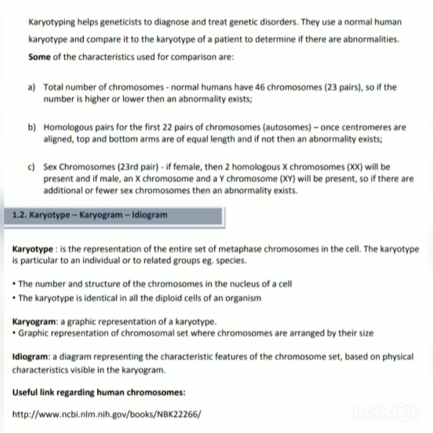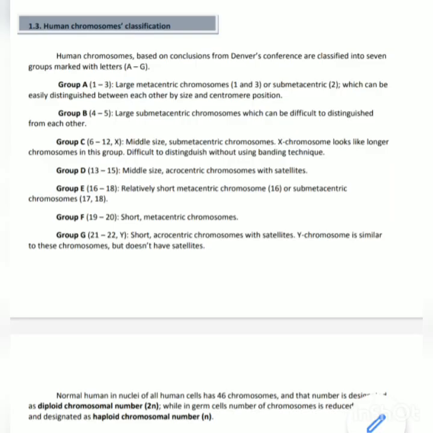Karyogram is a graphic representation of a karyotype, arranged by their sizes. Ideogram is a diagram that we draw to represent the characteristic features of a chromosome. That means it is based on physical characteristics, that is, it will show the banding pattern. Next is the figure, which will make the three terms clear: see the karyotype, the karyogram and the ideogram. The banding pattern is shown in the ideogram.